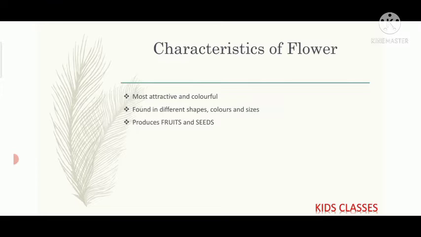And the last point is, before describing the last point, I want to tell you it contains reproductive organs. Okay, inside the flower reproductive organs are there. And the last point is produces fruits and seeds. Means flower produces fruits. It is the edible part of a plant.